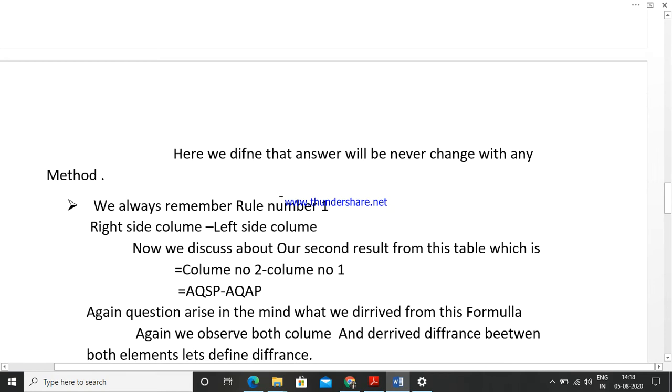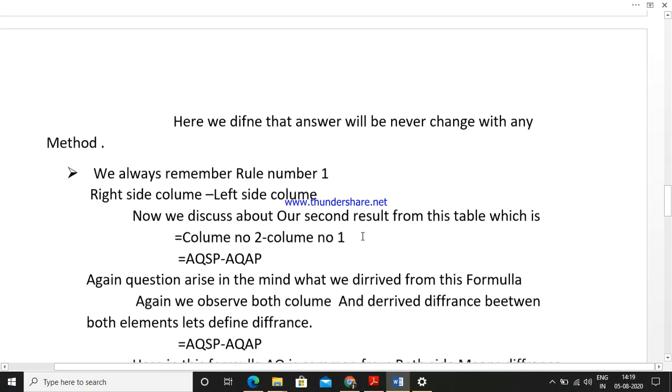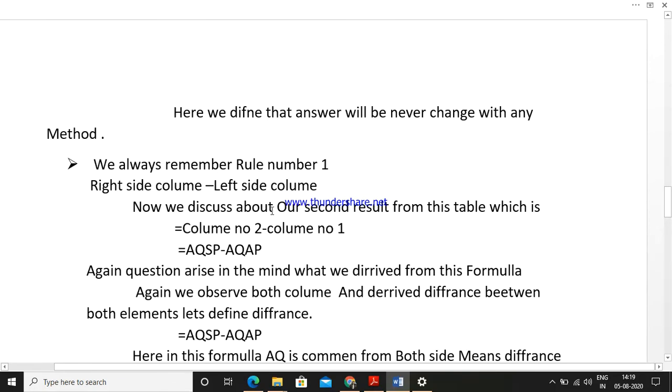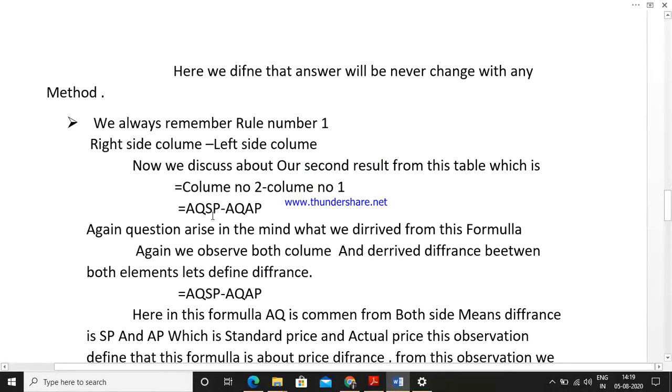We always remember rule number 1, right side column minus left side column. Now we discuss our second result from this table, which is column number 2 minus column number 1, AQSP minus AQAP. Again, the question arises: what do we derive from this formula?